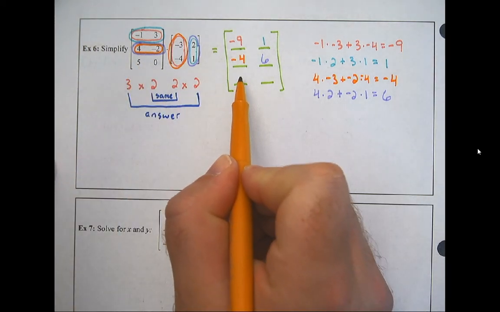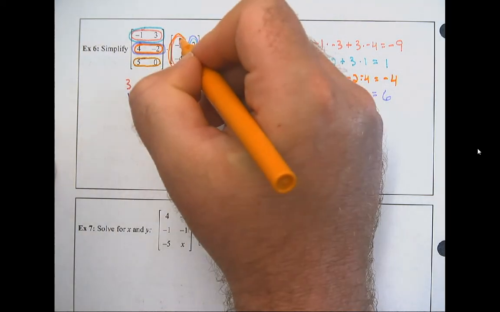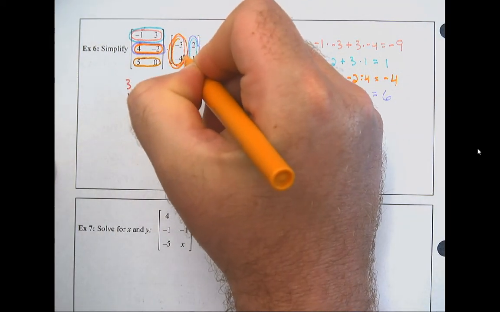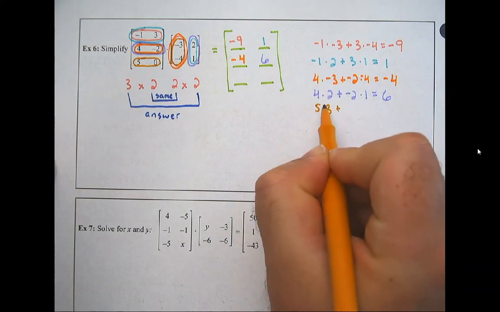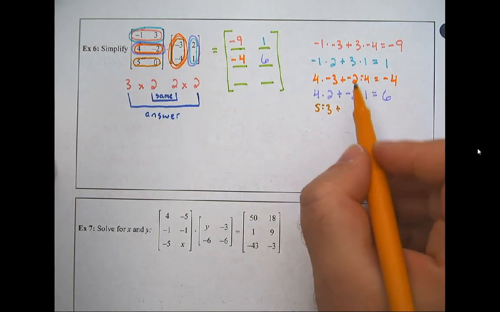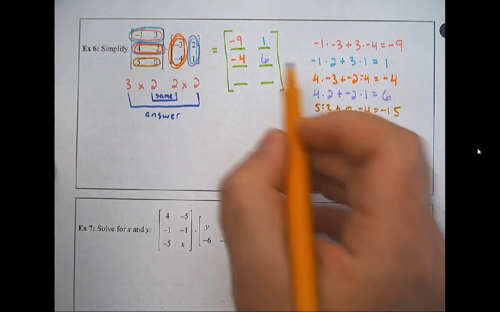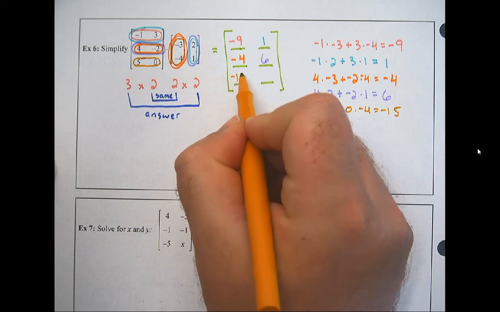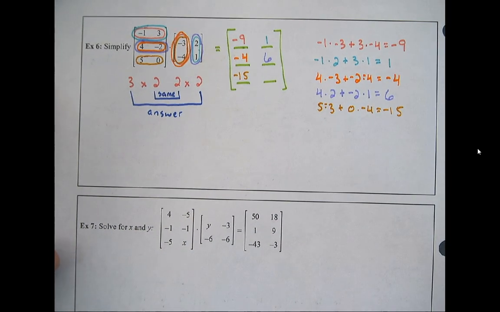Row 3, column 1. 5 times negative 3 plus 0 times negative 4, negative 15. And then last but not least, what color could we go with here?